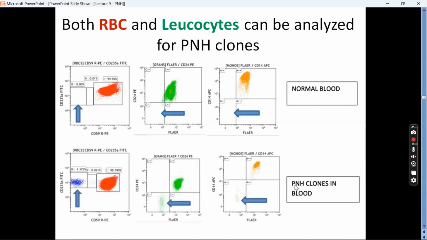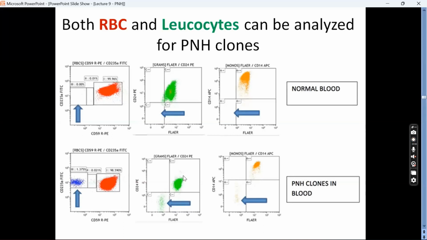In contrast, this is a PNH patient sample, where you find that, though there are normal RBCs, a small population of RBCs are lacking the GPI-linked protein CD59, amounting to 1.3%. So a small PNH clone is present, showing absence of CD59.